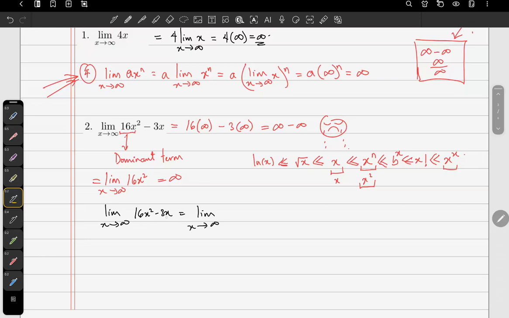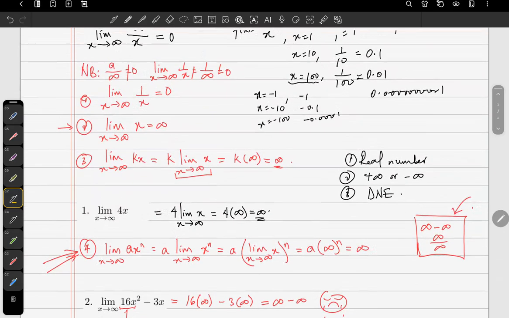So x squared dominates x. So we have x squared times bracket 16 minus, and when you factor out x squared from 3x, you are left with 3 over x. Why are we doing this? We want to be able to factor it into a product of two terms, and then use what we have here.